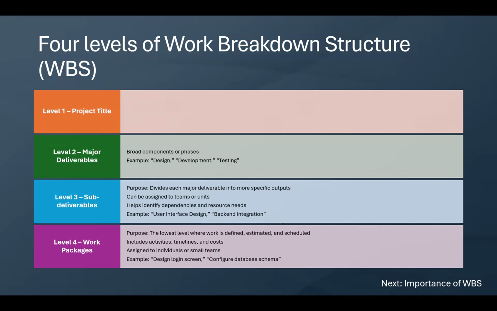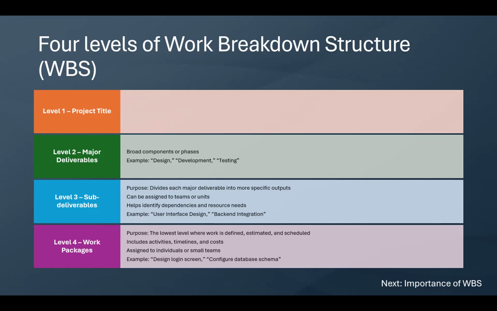In fact, some people might say there's 5 levels, but we're going to use 4 levels. Level 1 was the project title. Level 2 are your major deliverables. Level 3 are your sub-deliverables. And level 4 are your work packages.